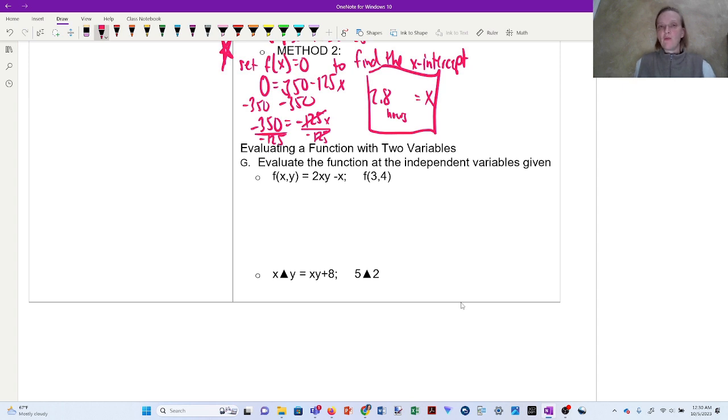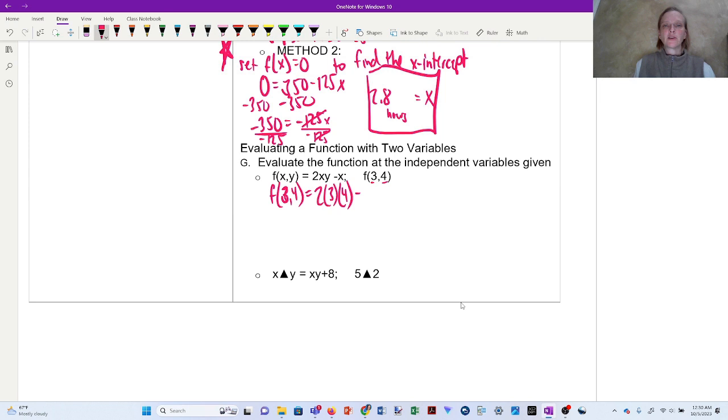So if I want to input an x and a y, as shown here in this expression, to evaluate this expression for 3 and 4, the variables are given in the same order that they are listed in the function. So 3 is going to represent x and 4 is going to represent y. So I'm going to plug in a 3 every time I see an x, and I'm going to plug in a 4 every time I see a y.